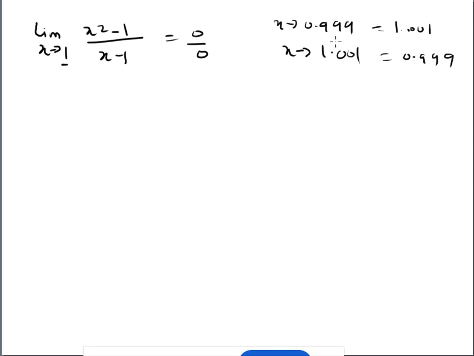So we can see that these values are encircling 2. By observation, this limit as x approaches 1 is equal to 2. But how can we solve it? Because not every function can we just look at, like in this example, and tell the limit. That's where the limit concept is quite important.